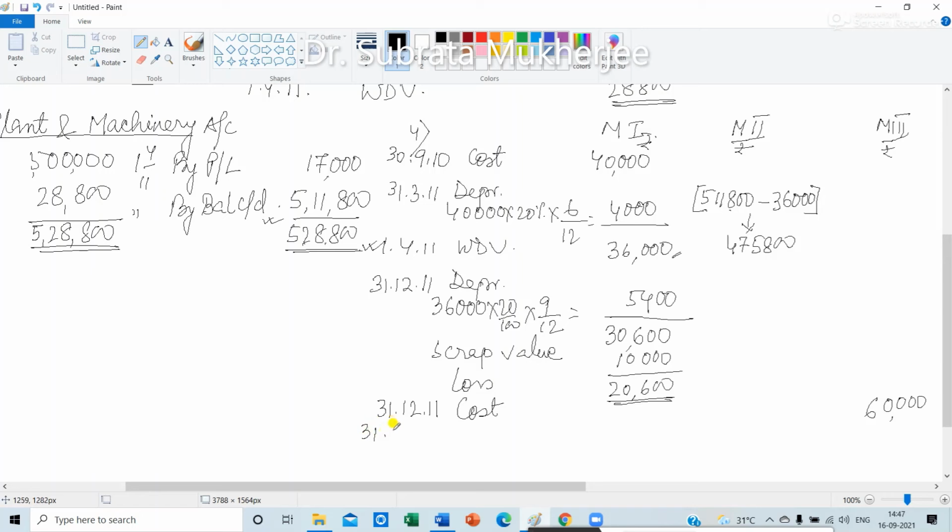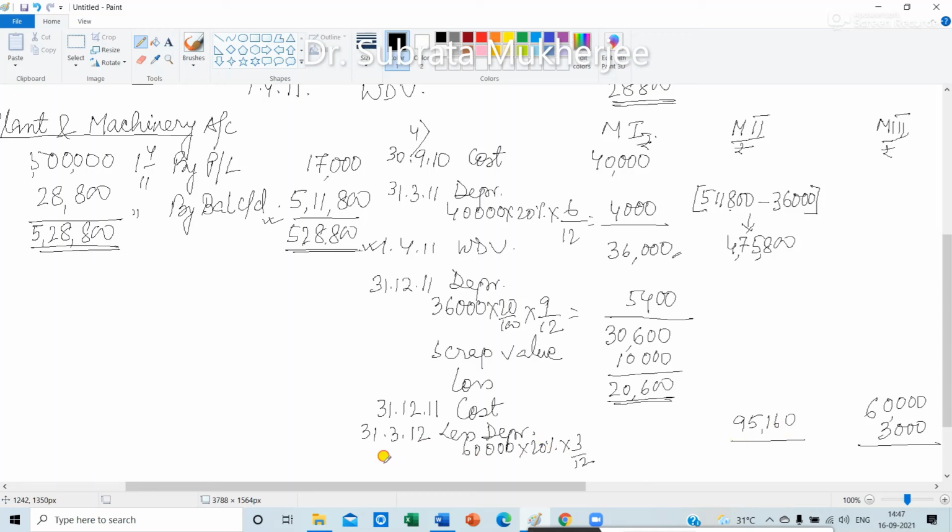Now on 31st March 2012, less depreciation. On 4,75,800, 20% depreciation will be charged, so this will be 95,160. And on 60,000 into 20% into 3 by 12 will give you 3,000. So total depreciation on 31st March 2012 will be 98,160.